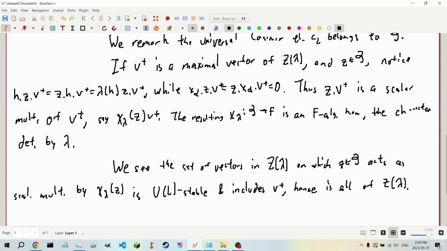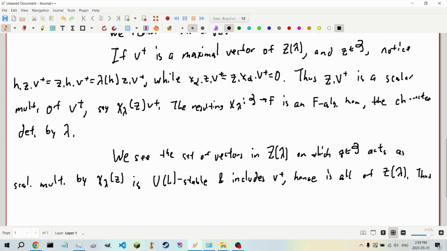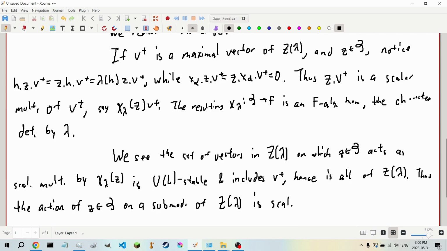Thus, the action of z in our fancy thing on a submodule of Z of lambda is scalar multiplication by our character. Scalar multiplication by chi lambda of z.